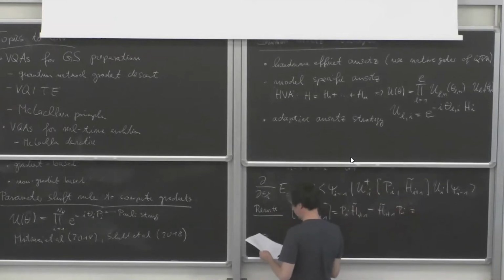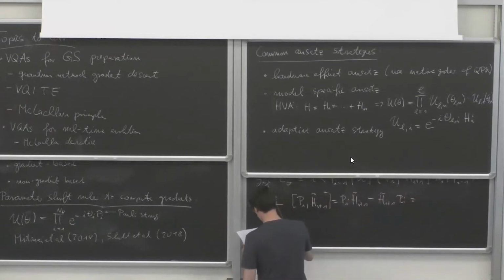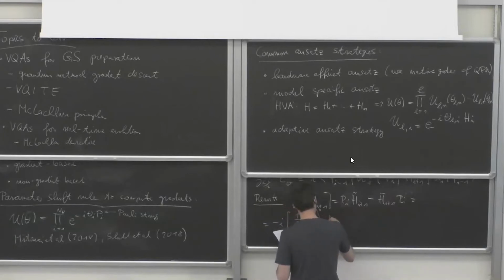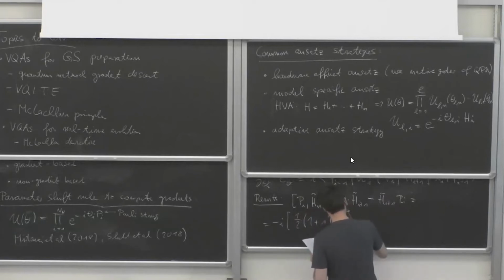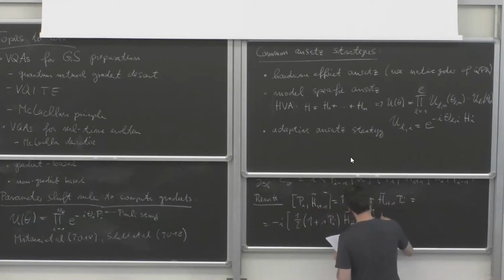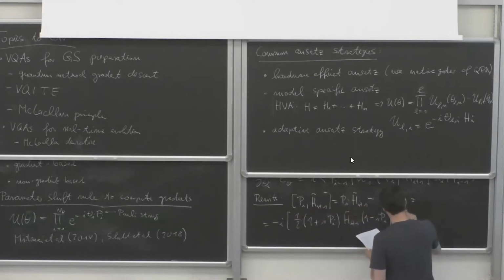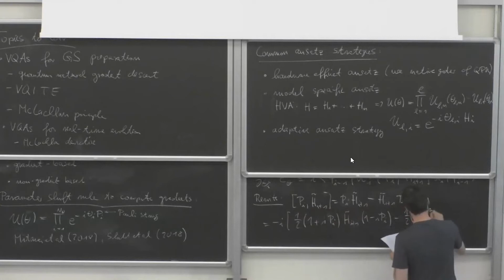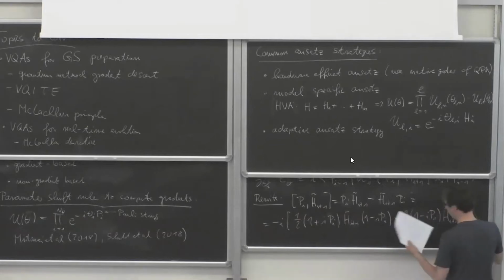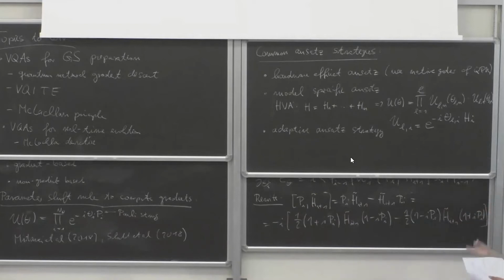And now I will write it like this, with one half times one plus i P_i. I can post my lecture notes, so if this is a bit too much for you to write, you just have to multiply it out and see that it works.